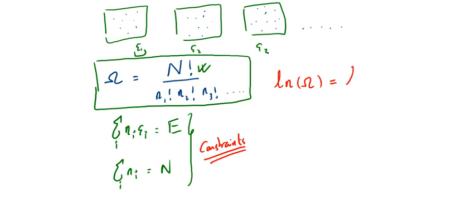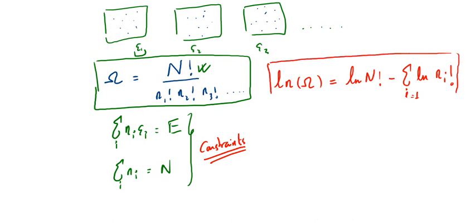By using the log rule, I can write this as ln n factorial minus summation of ln ni factorial, like this, right? So now our problem is to maximize this function given these constraints. That's what we will do next.